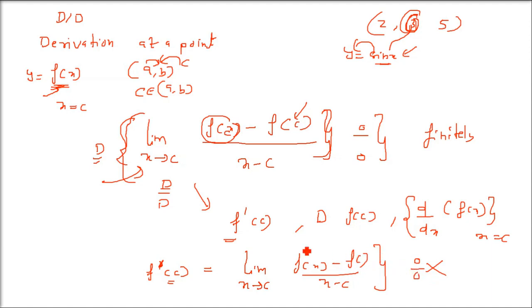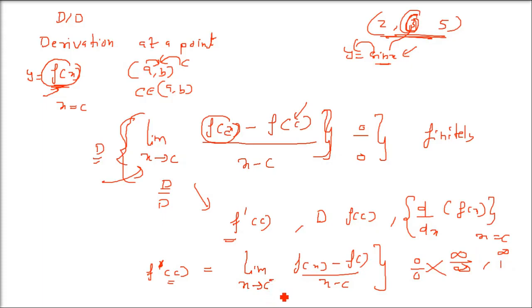In this whole discussion, we will say that the function f(x) is differentiable in a certain domain. As we discussed for limits, the left hand limit has to be equal to the right hand limit, and equal to the function value at that particular point.